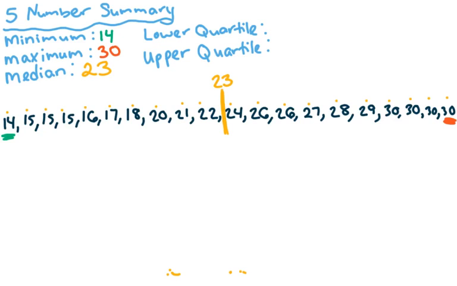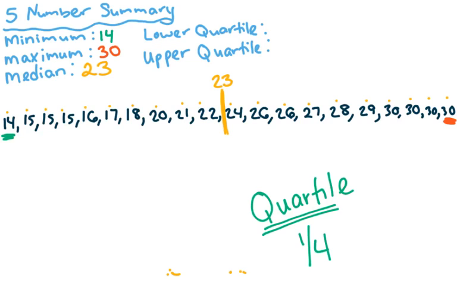Next, we're going to find the upper and lower quartiles. And if you see that word quartile, I want you to look at that quart in it, because it literally is a quarter. It's half of the lower half or half of the upper half. So let's start with the lower quartile.